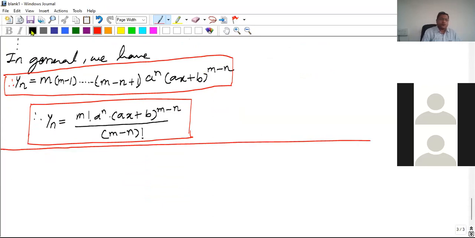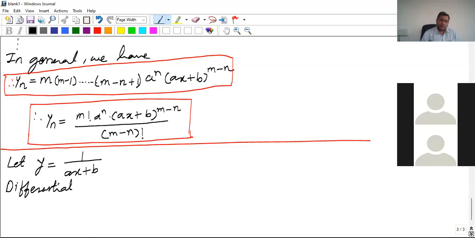Suppose we have y is equal to 1 upon (ax plus b). This is an infinitely differentiable function. We want to find the nth derivative of this. Now, what we do is differentiate this.